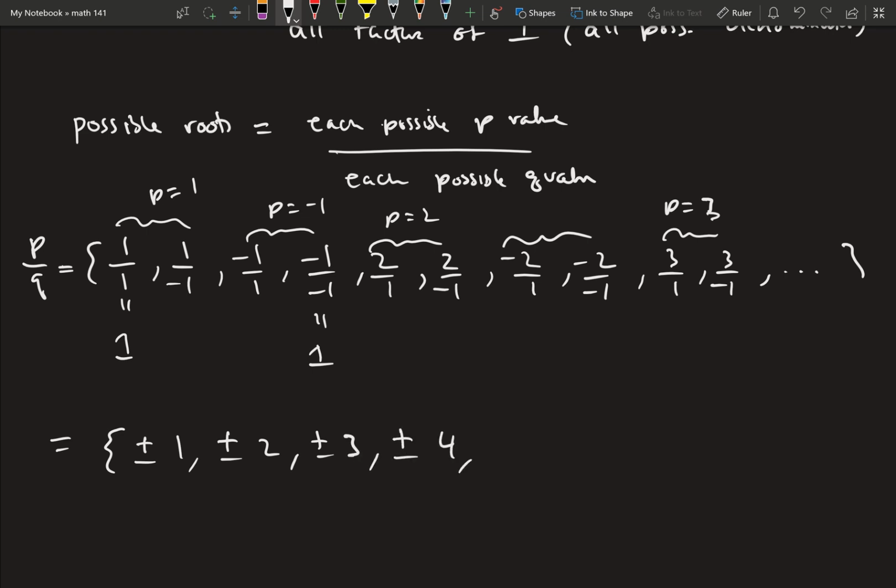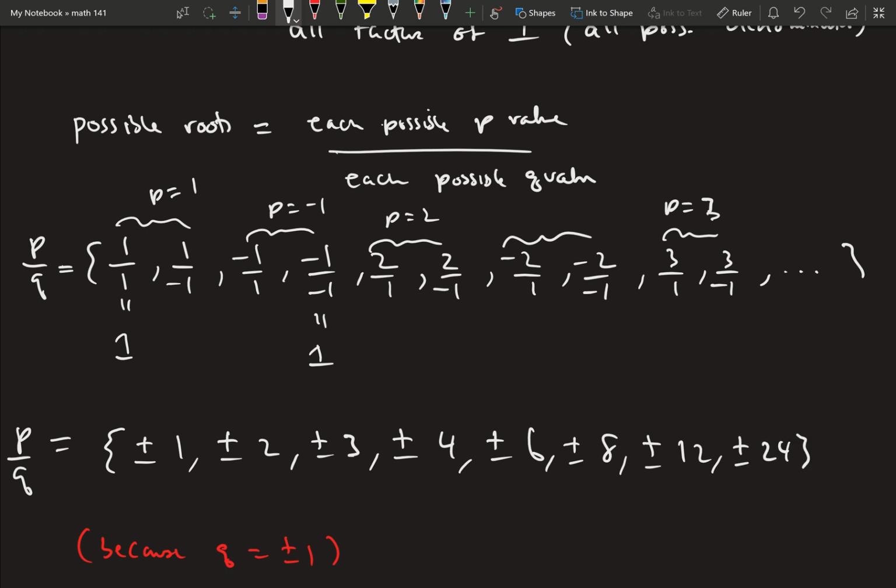Because remember, when you're dividing by 1, you're not changing the number. And when you're dividing by negative 1, you're just negating it, so you still get plus and minus each particular number. So the p over q values, because q was just plus and minus 1, right? Those were the possible values of q. You end up with just the possible p-values. So plus or minus 8, plus or minus 12, plus or minus 24.